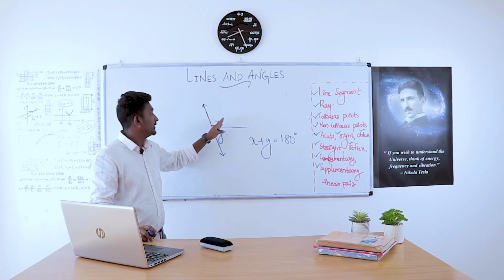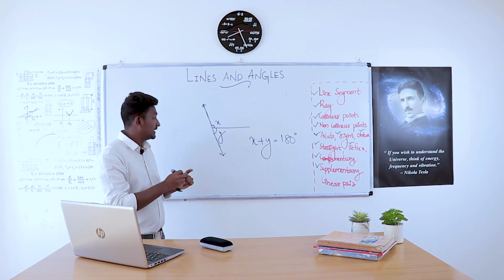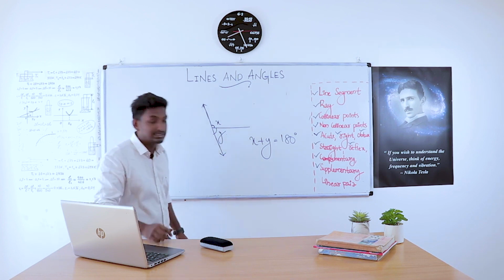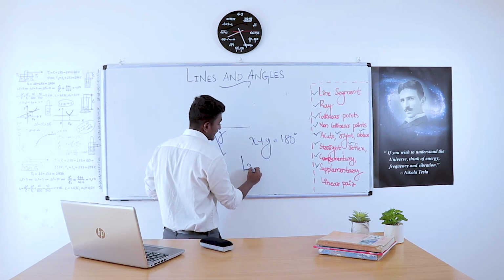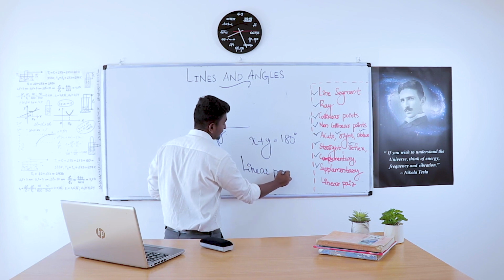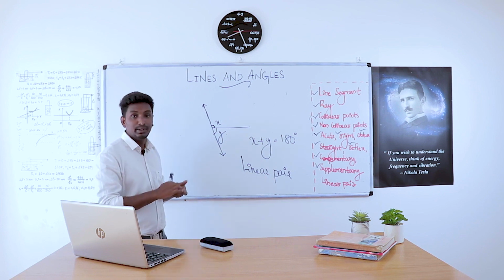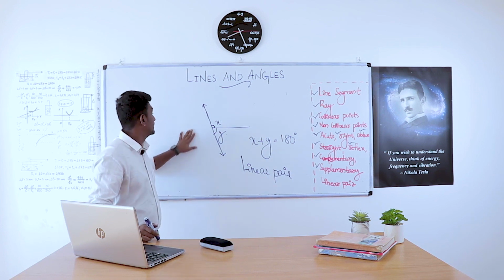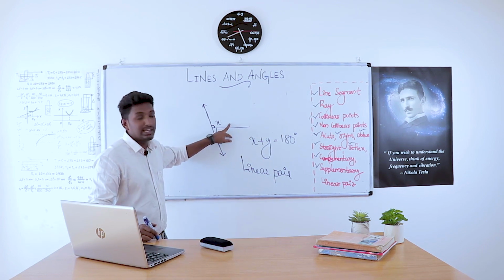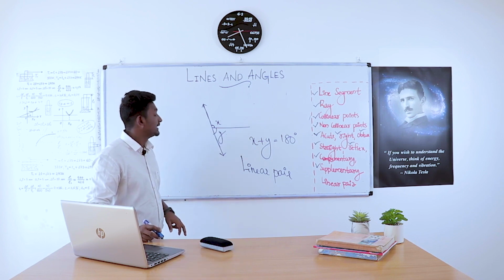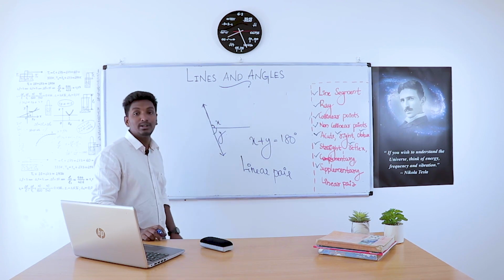In the same way, if any pair of angles in a line gives 180 degrees as the sum, then the pair of angles is called a linear pair. When two line segments intersect or start from the same point, if the pair of angles formed here gives the sum of 180 degrees, that means a straight angle, then this pair can be called a linear pair.